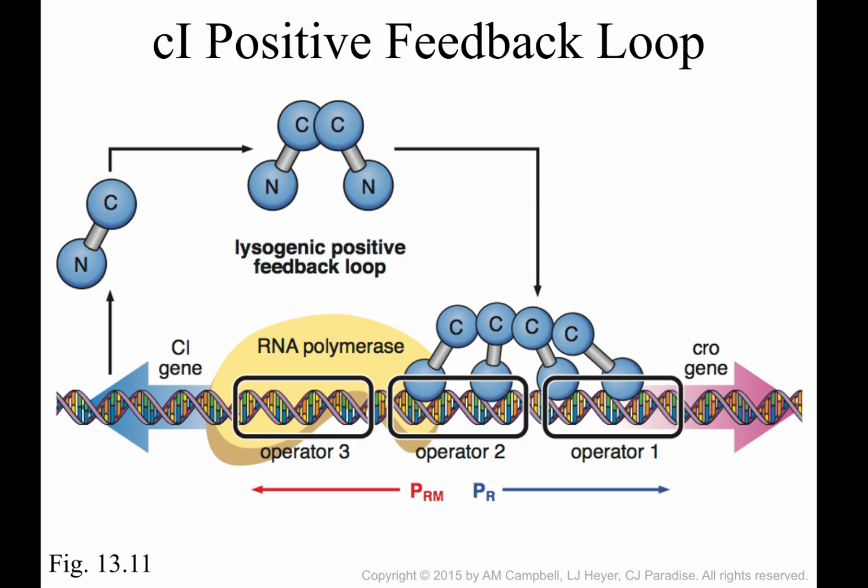Okay, and if this promoter is active, this would cause the virus to be in the lysogenic phase. And lysogenic phase, again, is when it incorporates itself into the genome and then hangs out on the bacterial genome and is just replicated when the bacteria replicates.